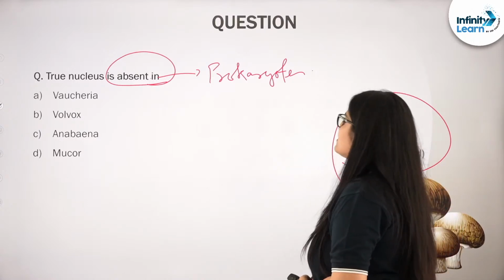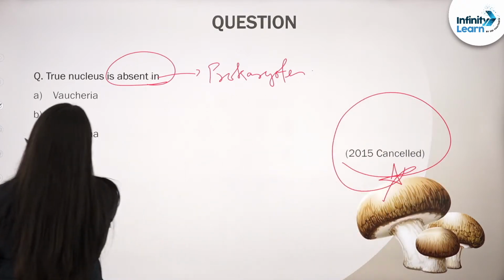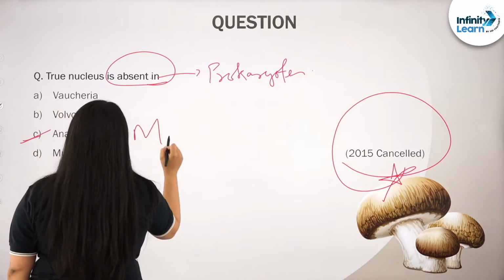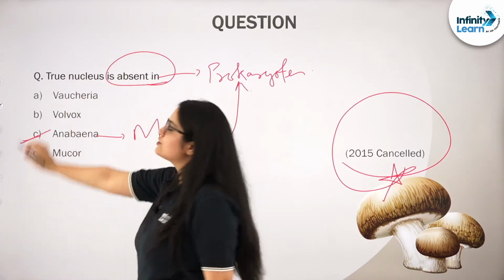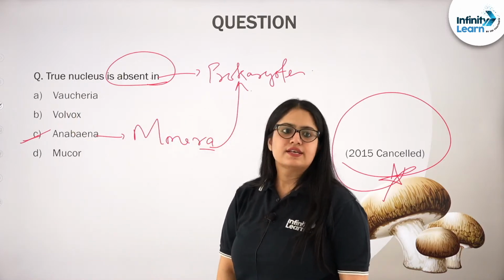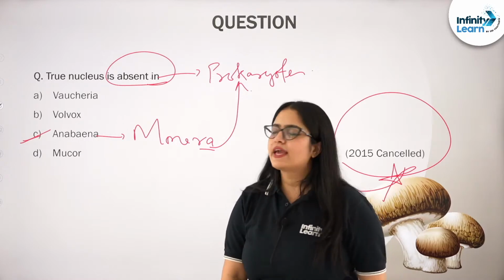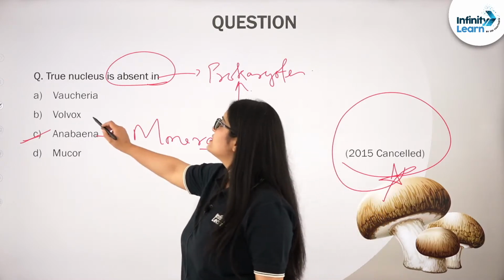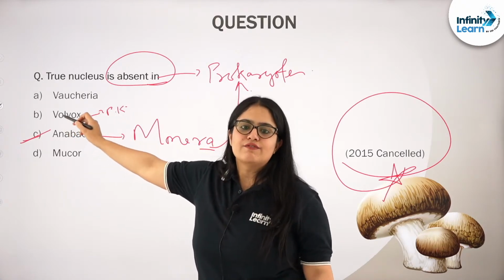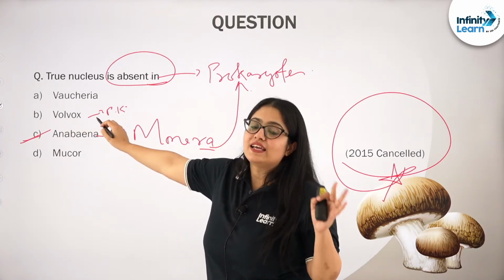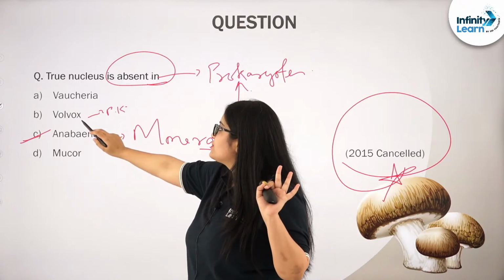The true nucleus is absent in prokaryotes, and out of these, only the member of Monera is a prokaryote, and it will not possess a true nucleus, right? Wait a minute, Nayan is saying B. Dear Nayan, Volvox is a member of the plant kingdom. It is a green alga. They are all eukaryotes. They will possess a nucleus, a true nucleus.